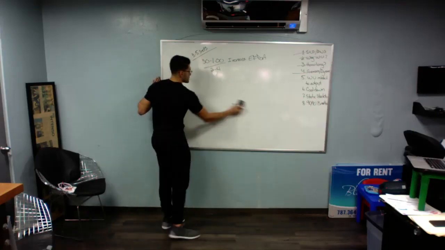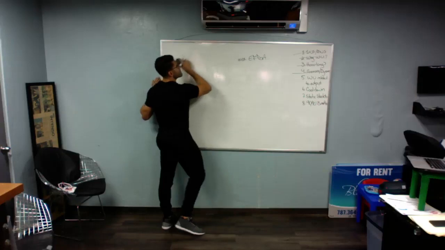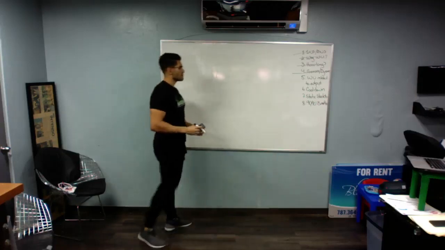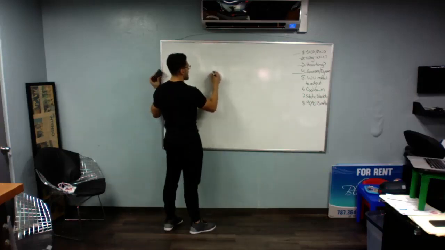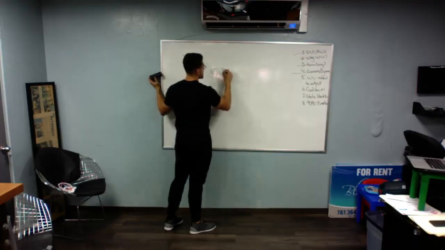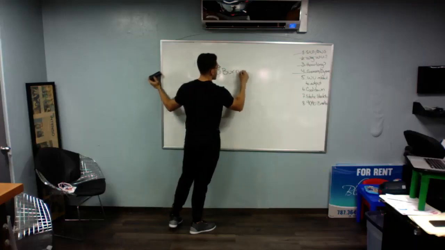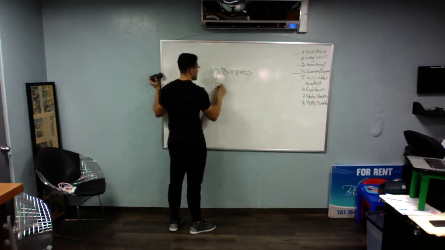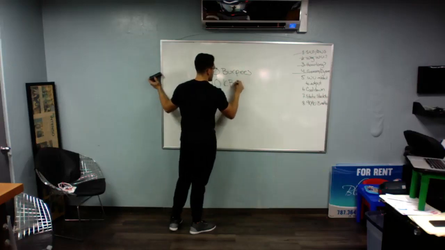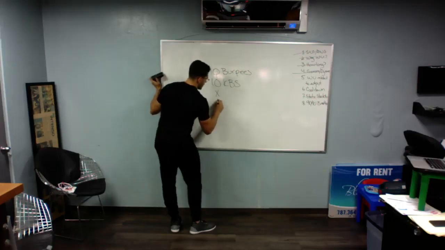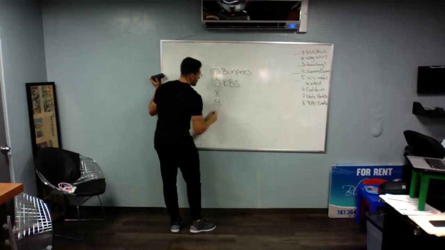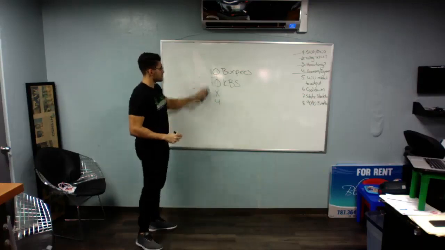All right? So let's go with something mixed modal. Something as easy as 10 burpees, 10 kettlebell swings, for 4 rounds for time.